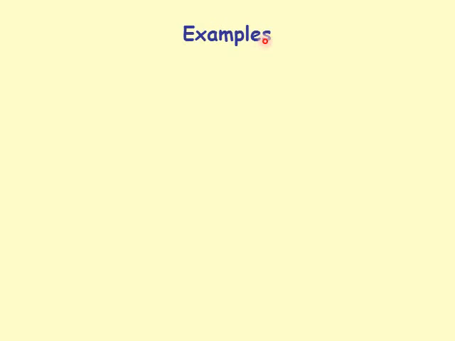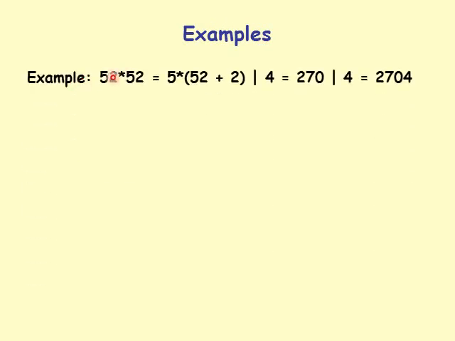Let's do some examples here. First example is 52 times 52, and the base number we are going to use is 50. Deviation is plus 2, so 52 plus 2, twice the deviation, becomes 54, and this is multiplied by proportionality, because 50 is 5 times the base 10. So we get 54 times 5 on the left.